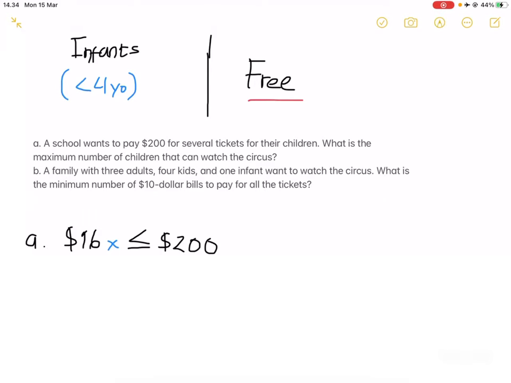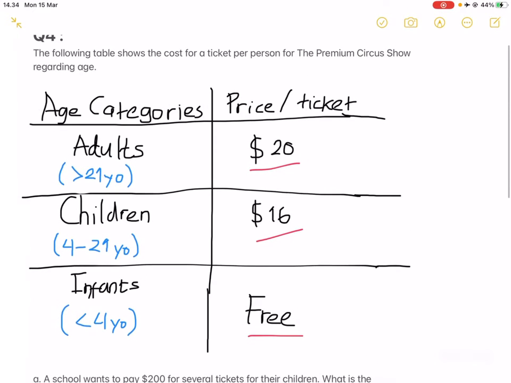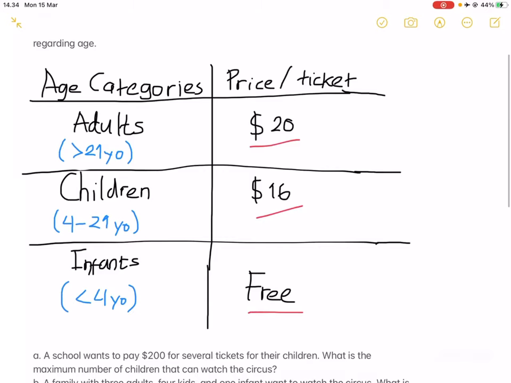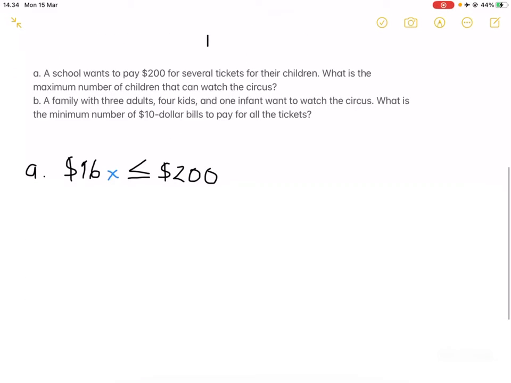And you say, how did I get $16 here? Note that the price per ticket per person for children is $16. So you can just multiply that by the number of children. And for the $200, it's the amount of money the school wants to pay.